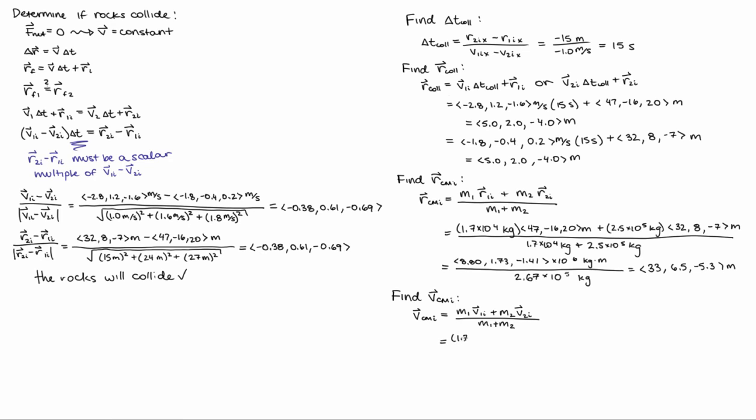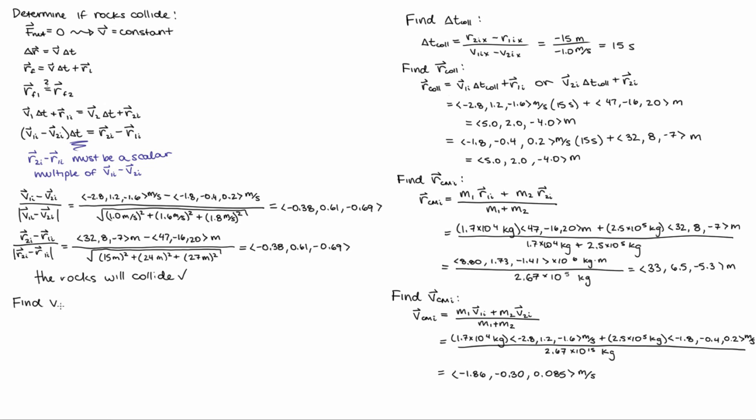This is 1.7 times 10 to the 4th kilograms times negative 2.8, 1.2, negative 1.6 meters per second plus 2.5 times 10 to the 5th kilograms times negative 1.8, negative 0.4, 0.2 meters per second, all over 2.67 times 10 to the 5th kilograms. This yields negative 1.86, negative 0.30, negative 0.085 meters per second. This answer makes sense because it is closer to v2 initial, the velocity of the greater mass.